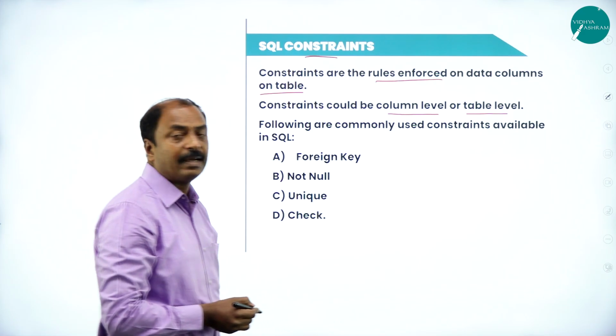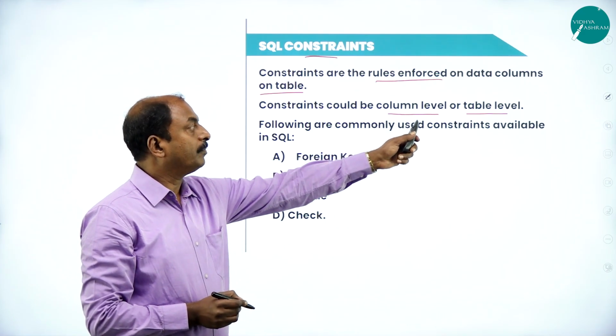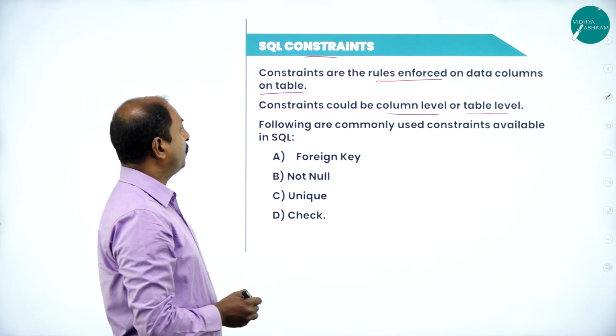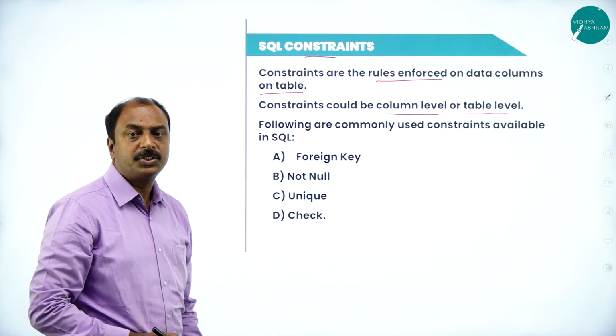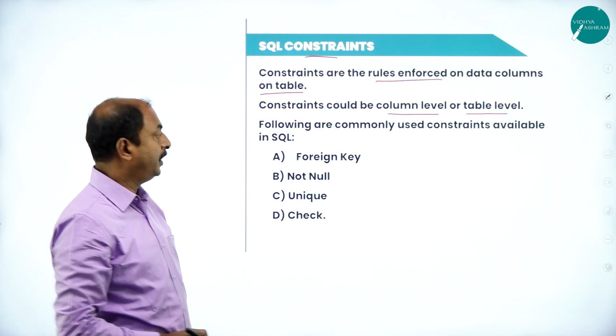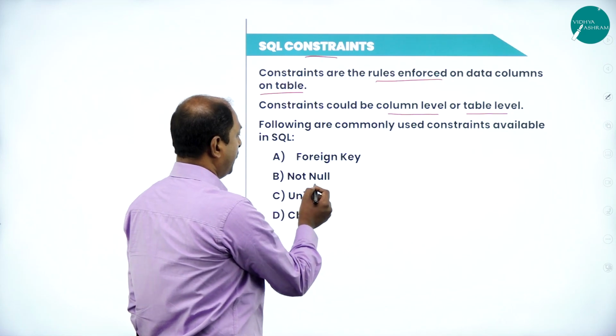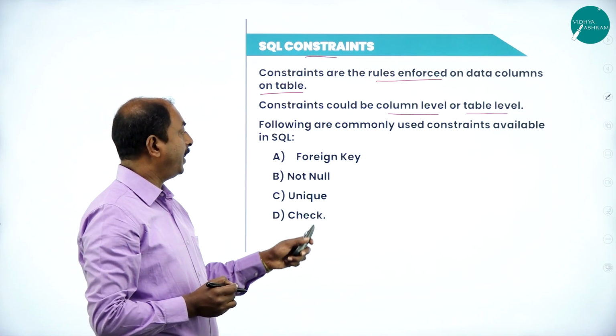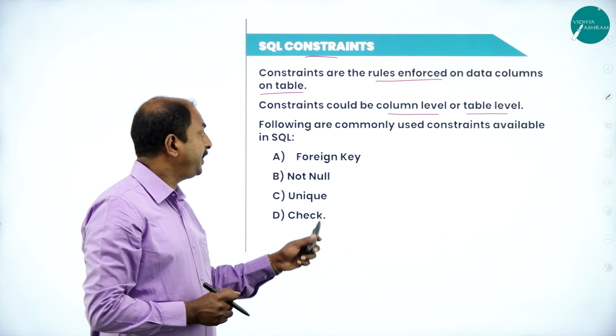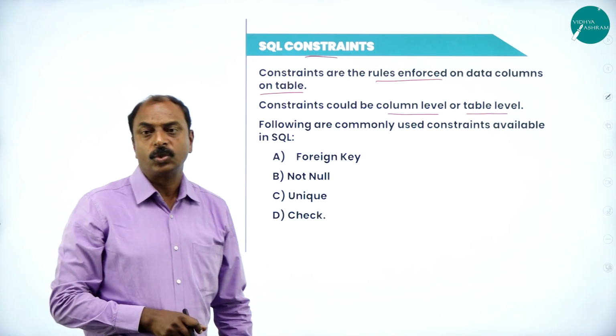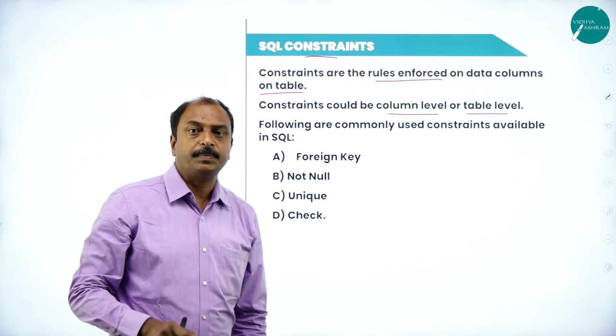Following are a few constraints we use in SQL: first one is foreign key, not null, unique and check. These are the different constraints we can make use of in SQL expressions.